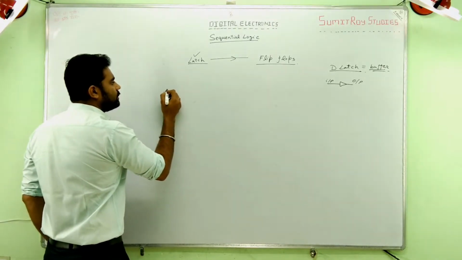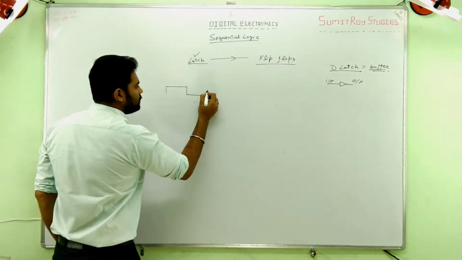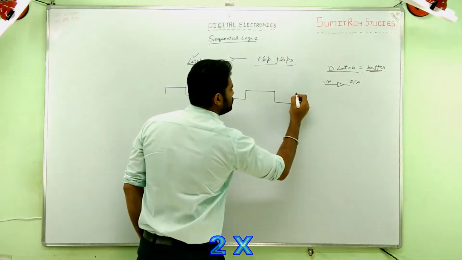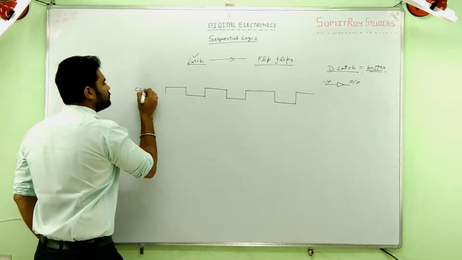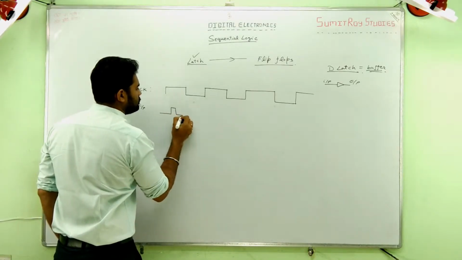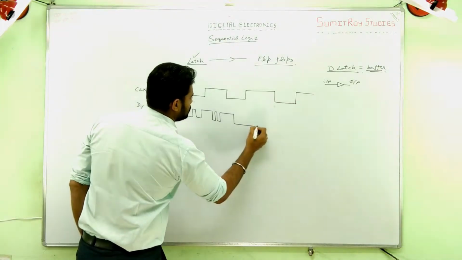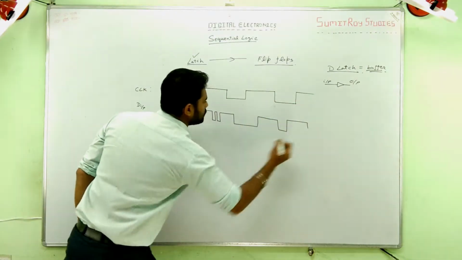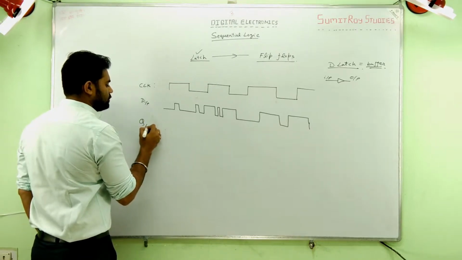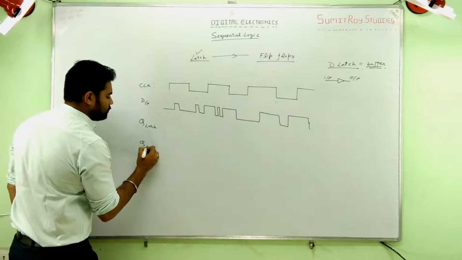So this is it. Let the clock be this. Now it is Q latch, Q flip-flop.